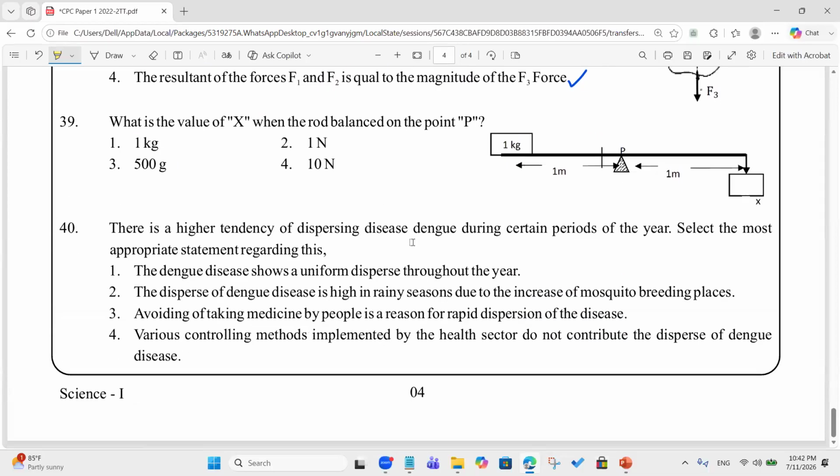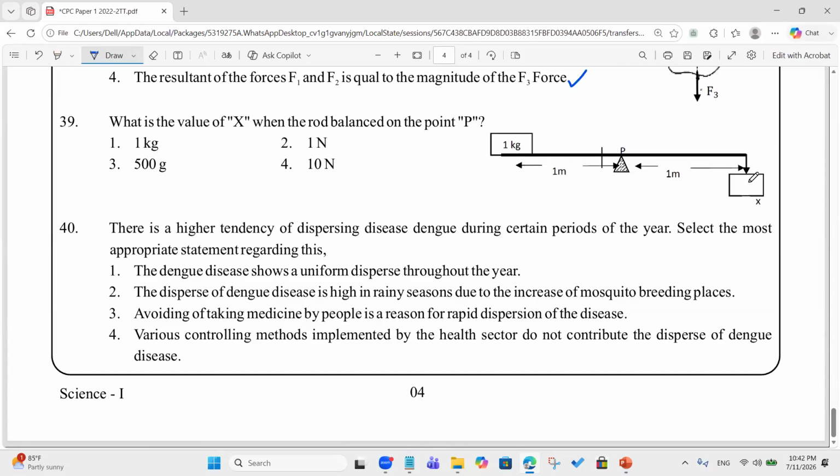Okay. 39. What is the value of X when the rod is balanced on the point P? It's an easy question, no need for a calculation. So at 1 meter distance it is 1 kilogram, and you have to find X. Can you tell me the mass of X?